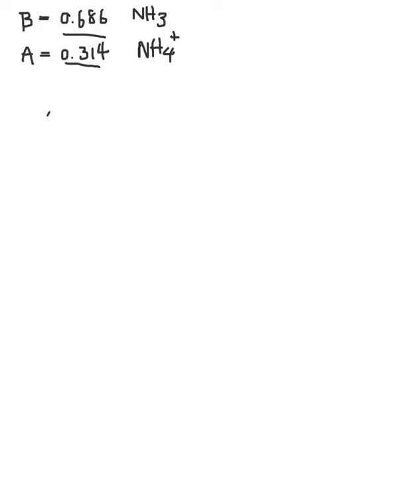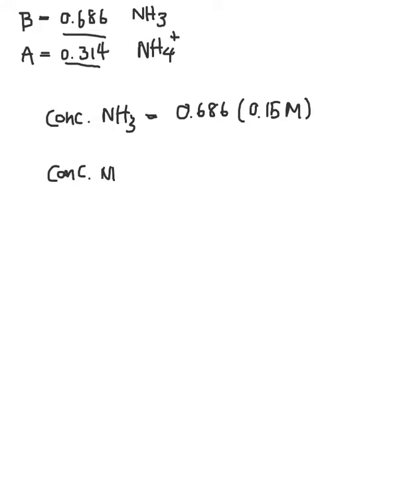So the concentration of ammonia will be equal to the ratio times 0.15 molar. And for ammonium chloride will be equal 0.314 times 0.15 molar.